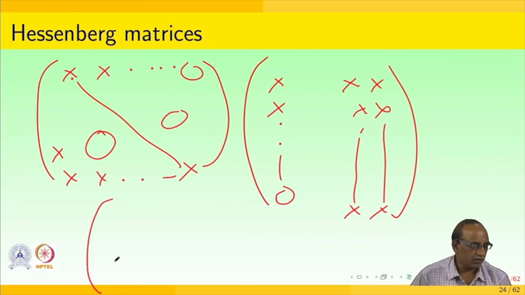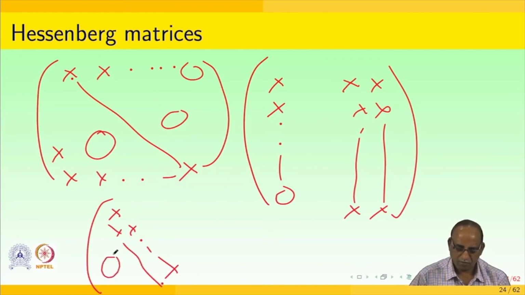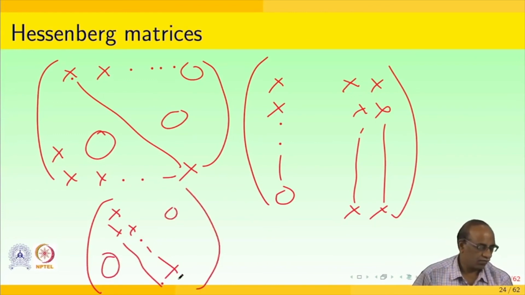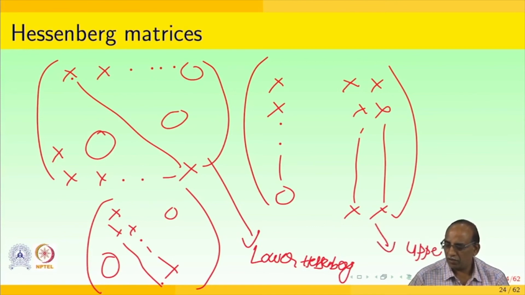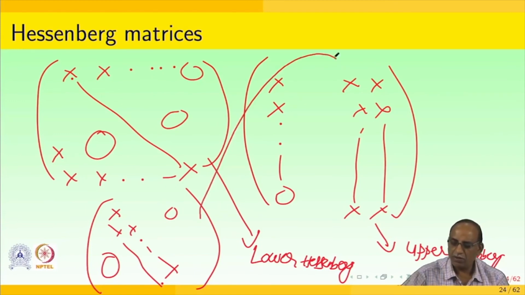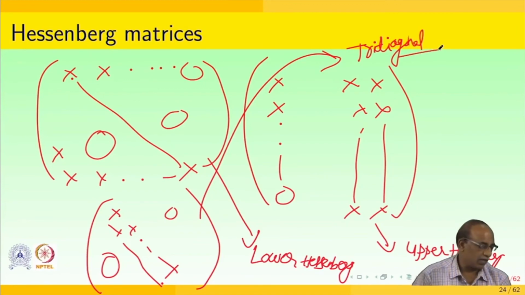So this is what is called the lower Heisenberg, and this is what is called upper Heisenberg. And this is called a tridiagonal matrix.